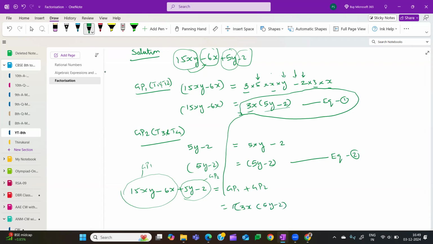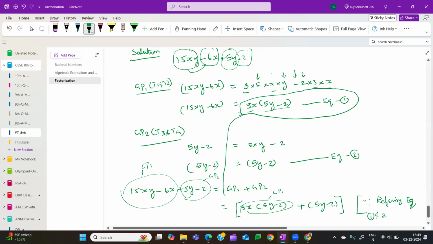So I'll just make a square bracket here. I'll start with the square bracket and then this is group 1. Then group 2 is plus 5y minus 2, referring to equation 1 and 2.